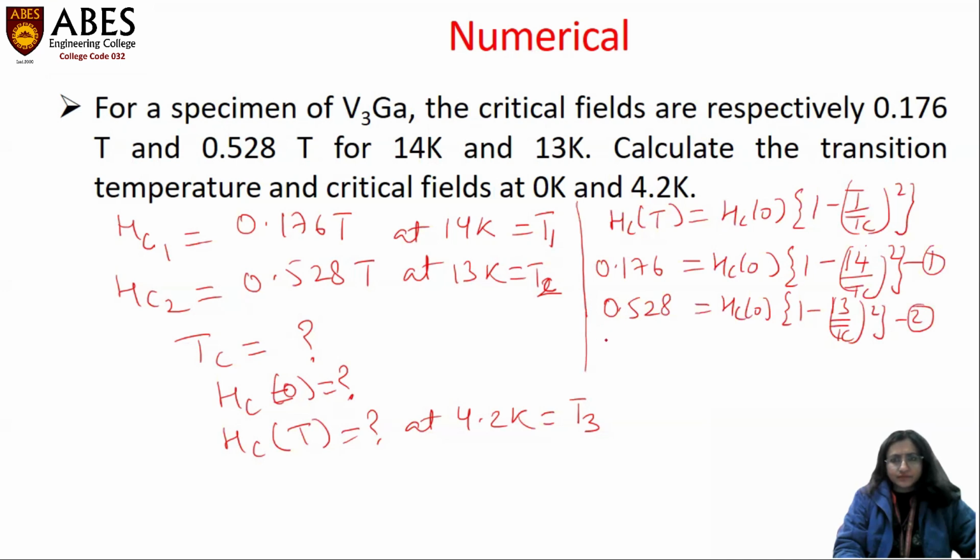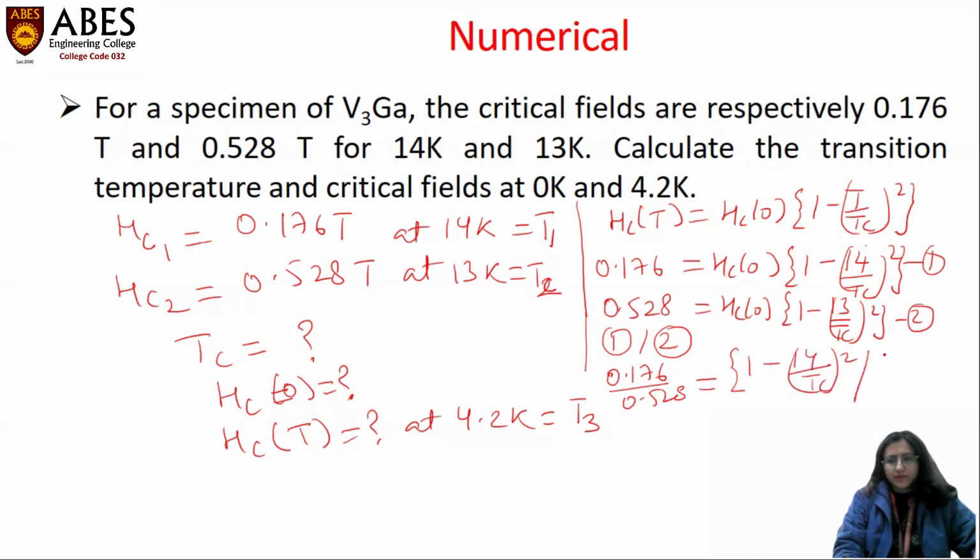When you divide equation 1 by 2, HC0 will cancel and you get 0.176/0.528 = (1 − 14/TC)²/(1 − 13/TC)². On solving this, we find the value of TC to be 14.5 Kelvin.